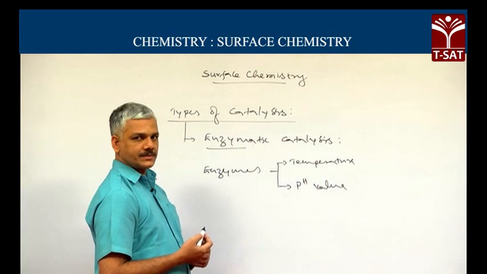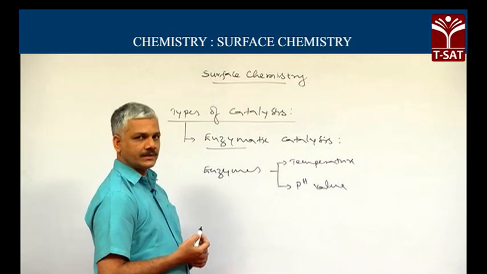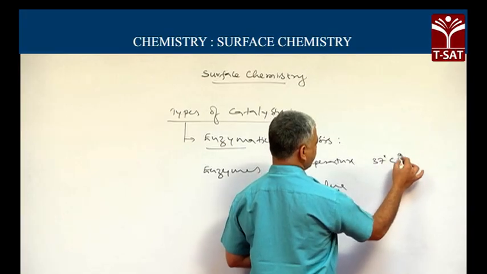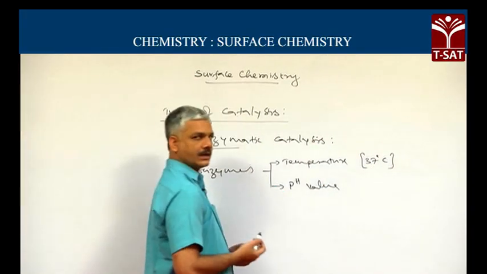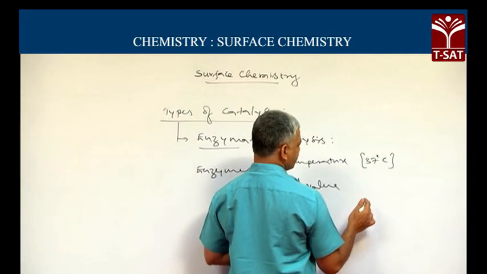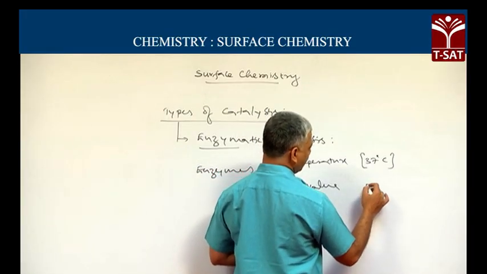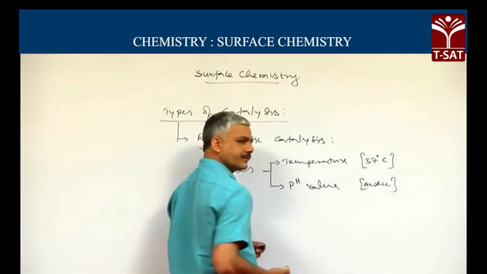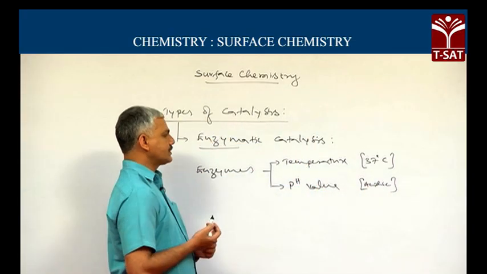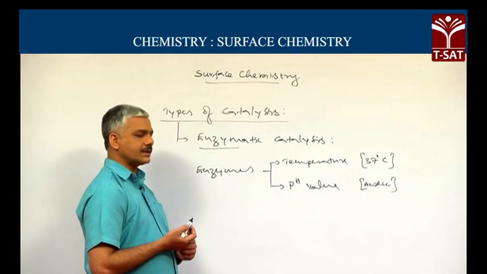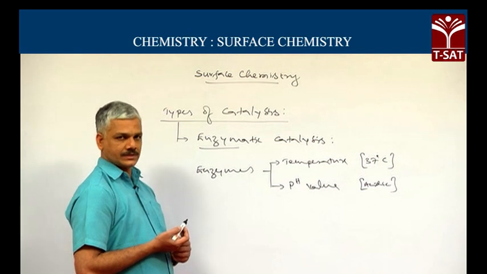Most of the enzymes will have optimum efficiency levels at a temperature of around 37 degrees centigrade, and most of the enzymes will be highly active in acidic environment. So, these two conditions will influence the efficiency of catalyst.